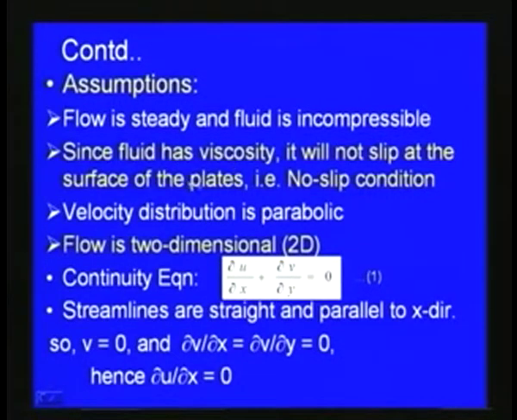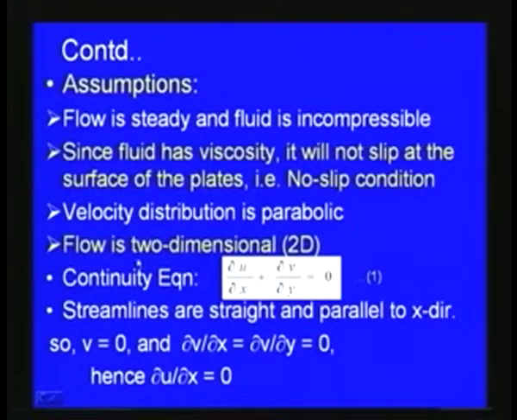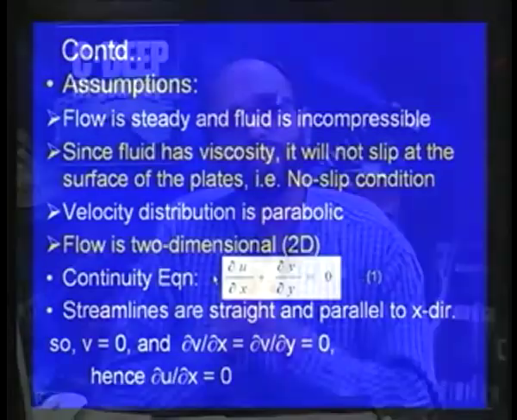And as we have seen, for this particular case the velocity distribution is parabolic. In this case the flow is 2 dimensional, so we can use the continuity equation which we have derived earlier. In the differential form, the continuity equation is, if u and v are the velocity components in the x and y direction.